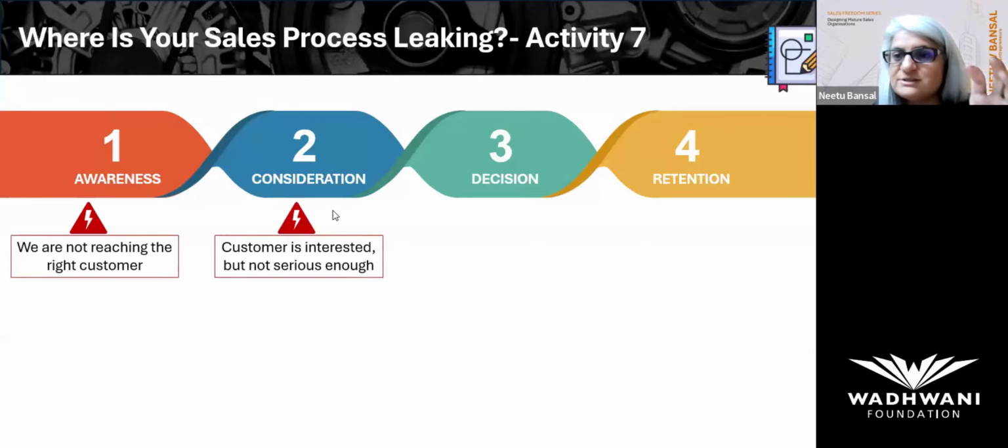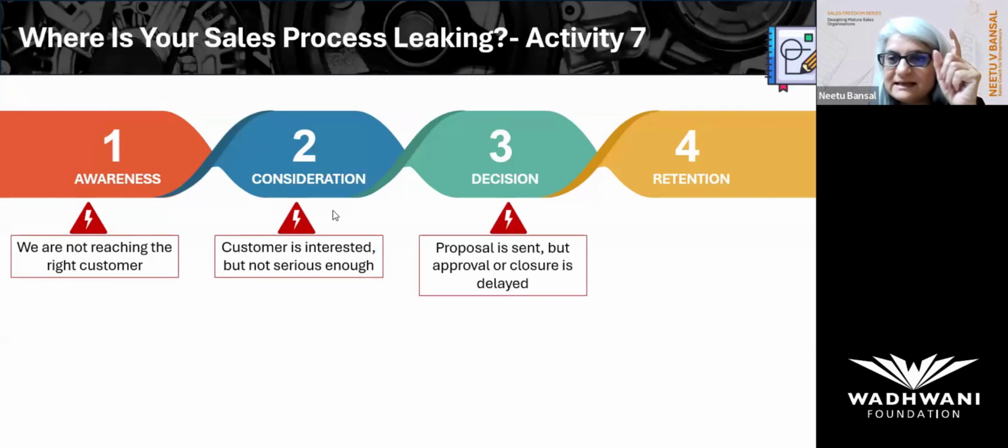That means at the consideration stage, we need to do mirror mapping. Okay, is it the decision stage? Which is the example I gave you, one reason could be because your proposal is only talking about money, but not of the value that the customer is getting. It could be that.